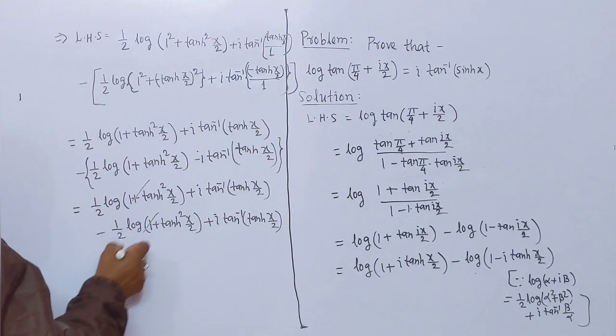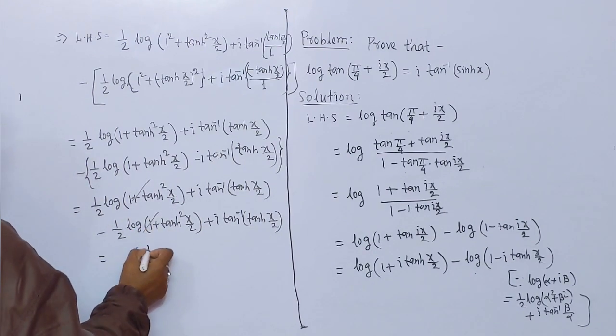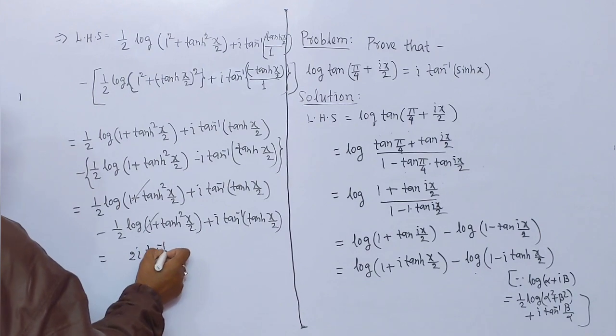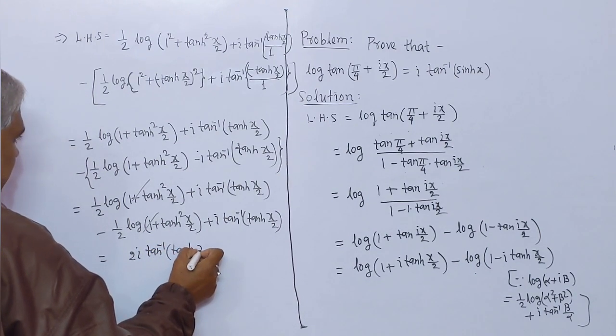This and this cancel. This equals 2i tan inverse(tanh(x/2)).